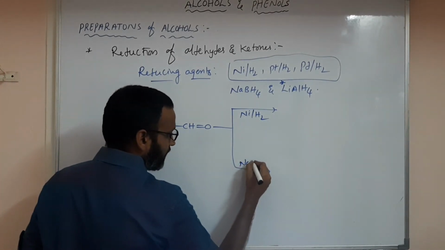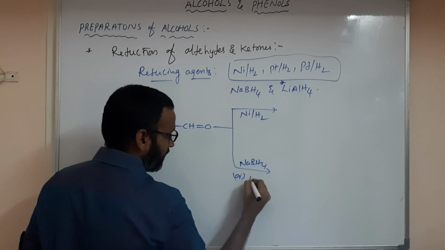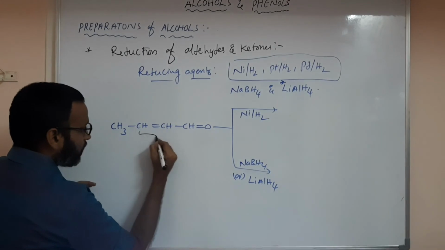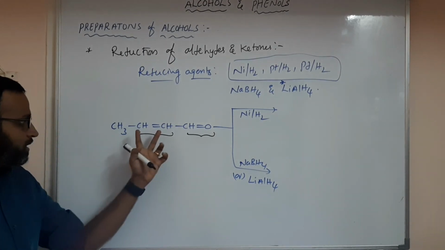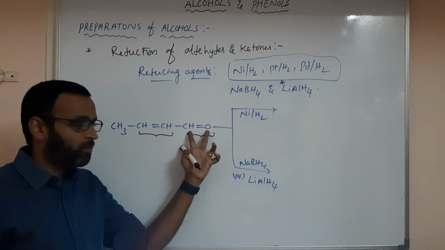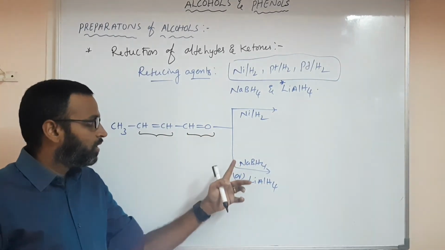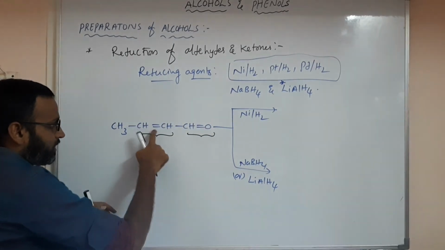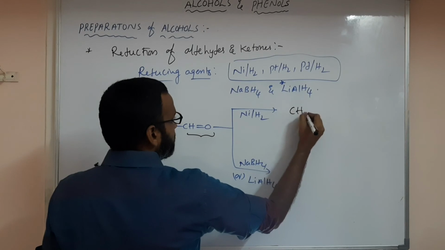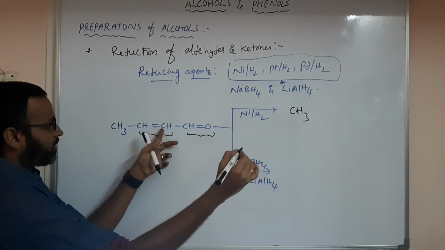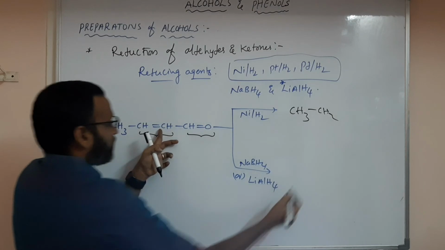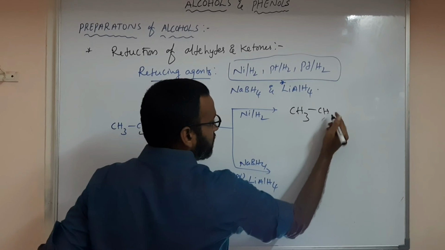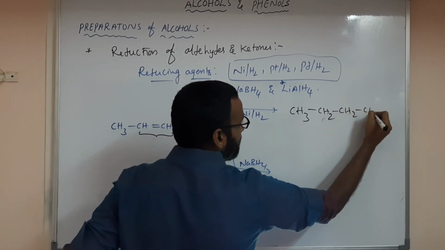If I am using NaBH4 or else LiAlH4, what happens? Here I have one double bond and here I have one double bond, but this one is a carbon-carbon double bond and this one is a functional group double bond. When I use nickel by H2, they reduce all kinds of double bonds, meaning this and this. What is the product? CH3, CH2, CH2 and CH2OH.